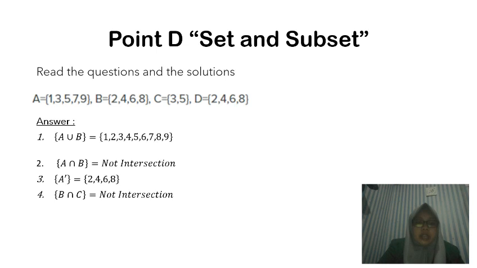Number 3, A complement. The complement of set A are all elements of the universe set that are not members of A. So A complement is 2, 4, 6, 8 in the brackets.